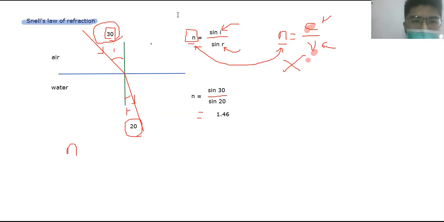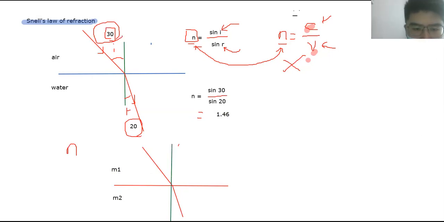So this is the refractive index of this one. Another one: if you have two media again, M1 and M2, incident and refracted. Again, I draw the normal like this.